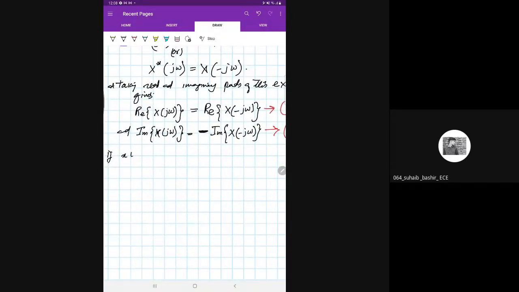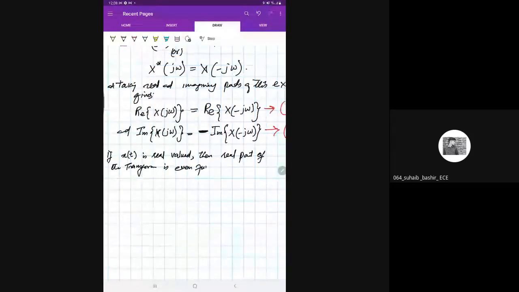So I can conclude now, if x of t is real valued, that we have assumed, then the real part of the transform is an even function. Even function of what?